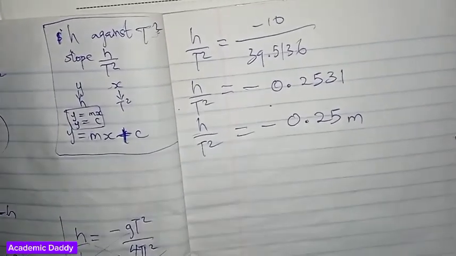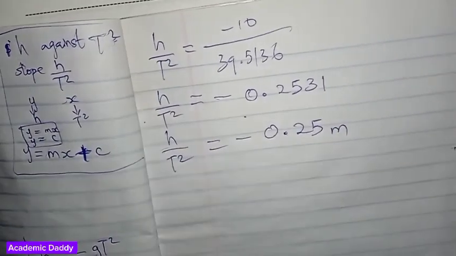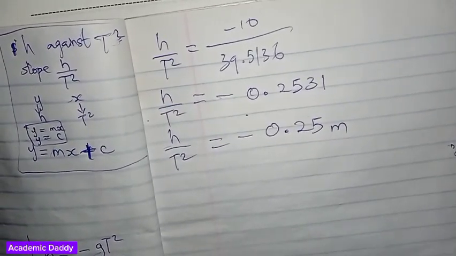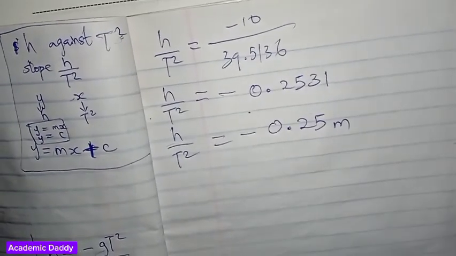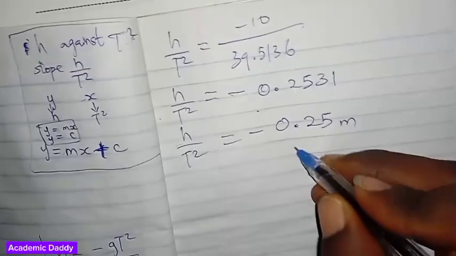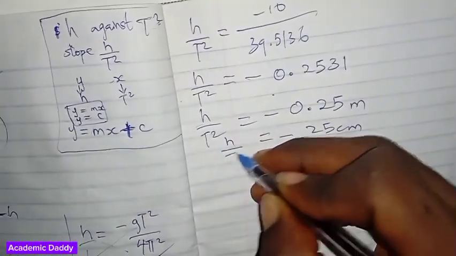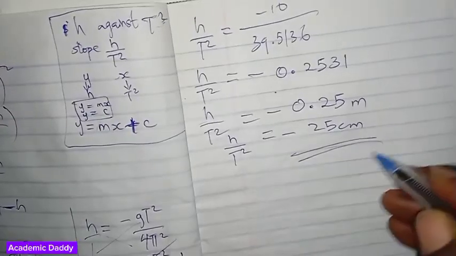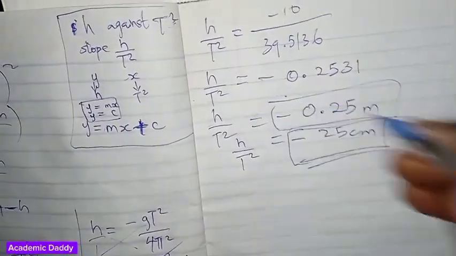So this should be 0.25 times 100, which equals 25 in centimeter, but negative 25. So h over t squared equals this in centimeter and this in meter.